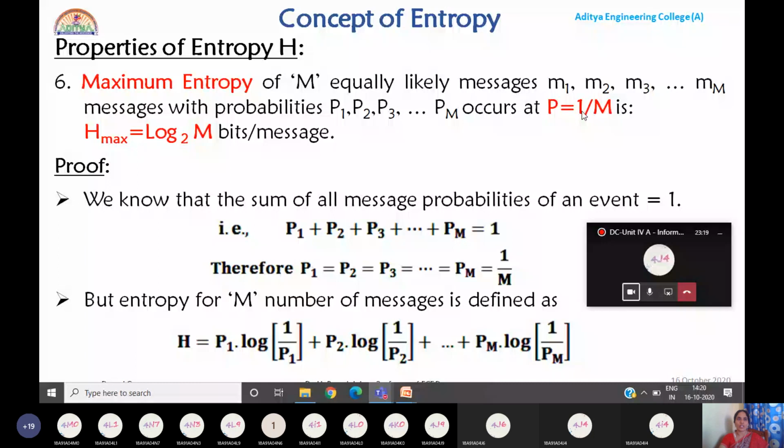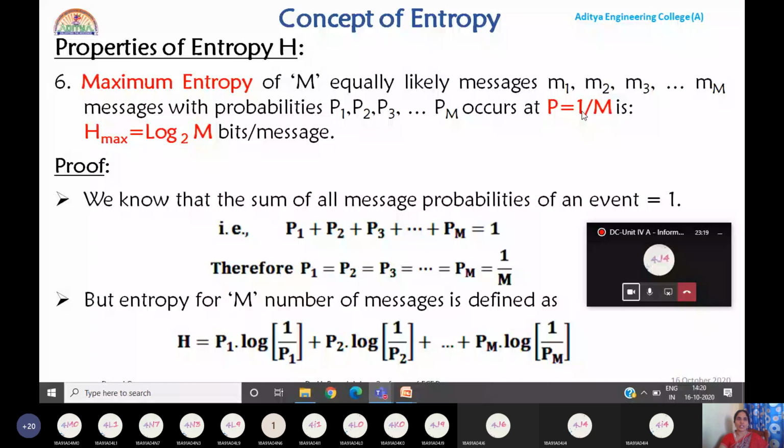But actually, what is the maximum entropy for two equally likely messages? It is 1, and that occurs at P is equal to 1 by 2. But here the maximum entropy of M equally likely messages is log M base 2. And the units of entropy will be bits per message, because here we are considering M equally likely messages.